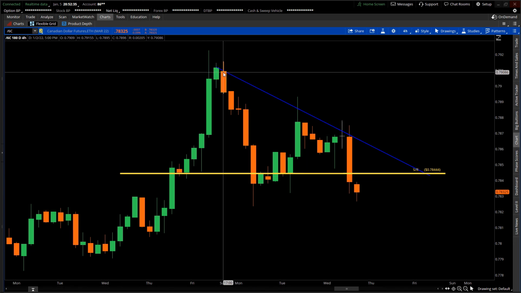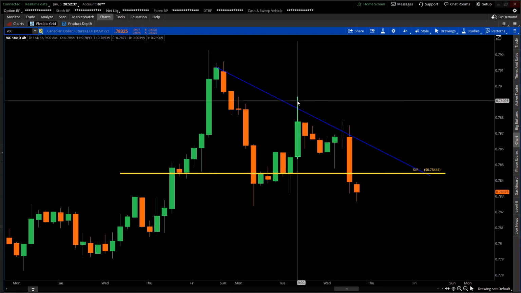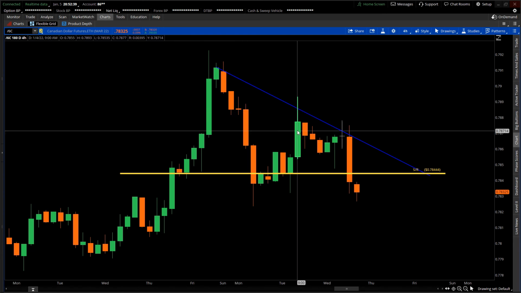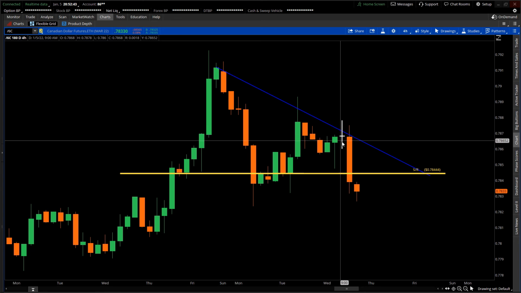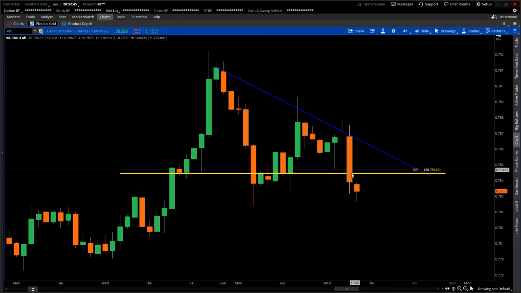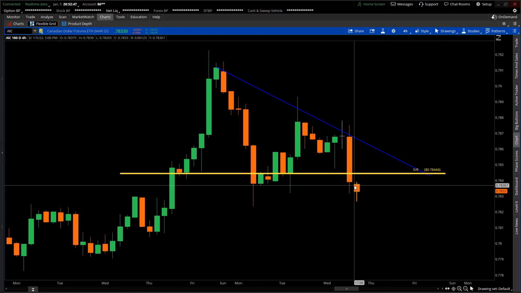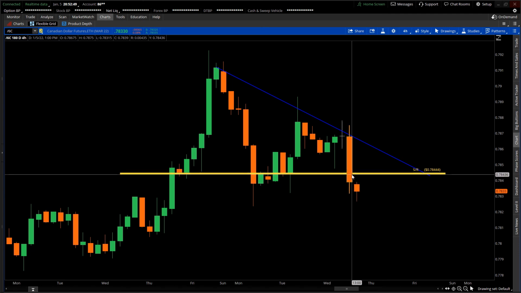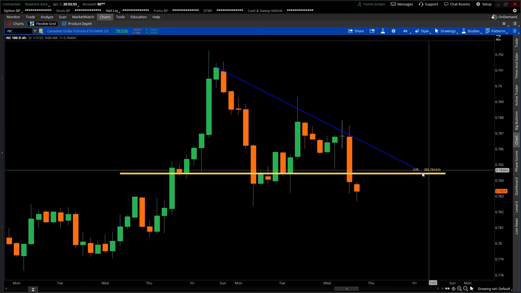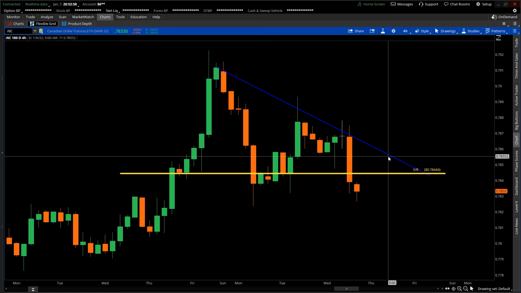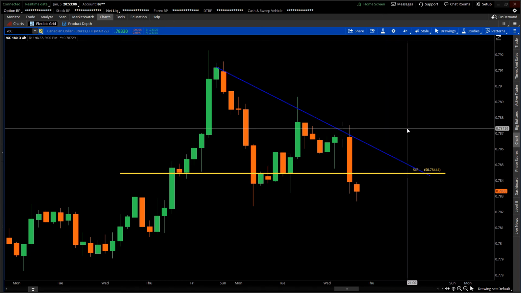Because here it got rejected, comes down, pierces it, but gets rejected. Here, pierced it again, gets rejected, pierces it again, gets rejected, and then falls below the support level. So in the event that price does retest this support level and gets above it, I'm anticipating that price may have momentum behind it to push it even higher.